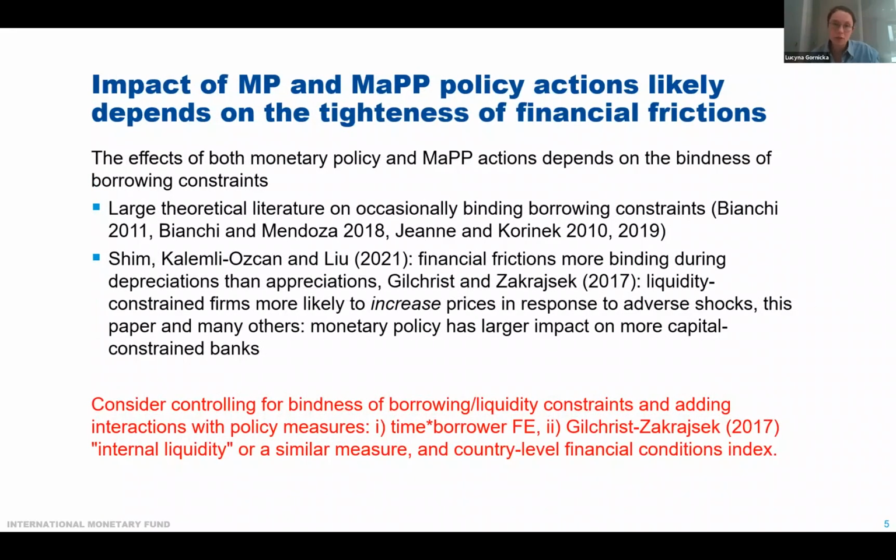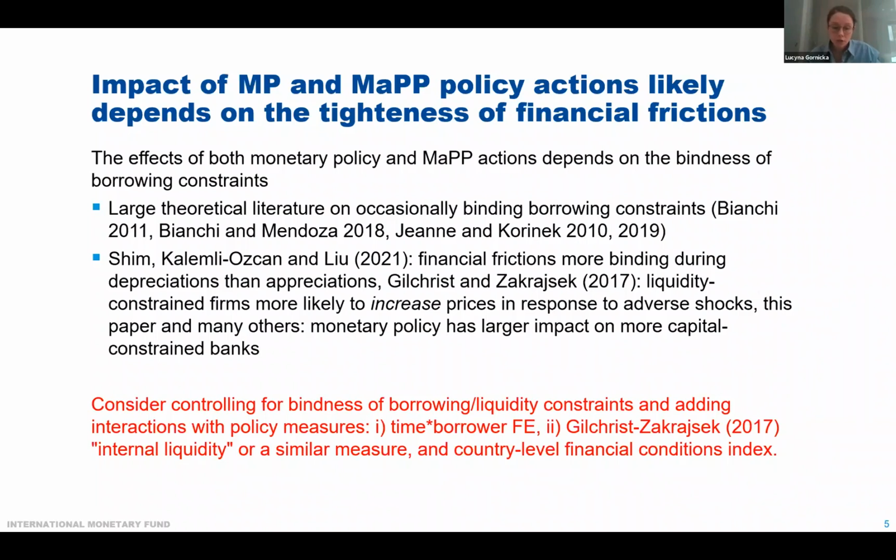The final, third main comment is that the impact of monetary and macroprudential policy actions likely depends on the tightness of financial frictions. There is a very broad literature, both theoretical and empirical, documenting how the effectiveness of policies can change depending on whether borrowing constraints bind or not, including by Anton.